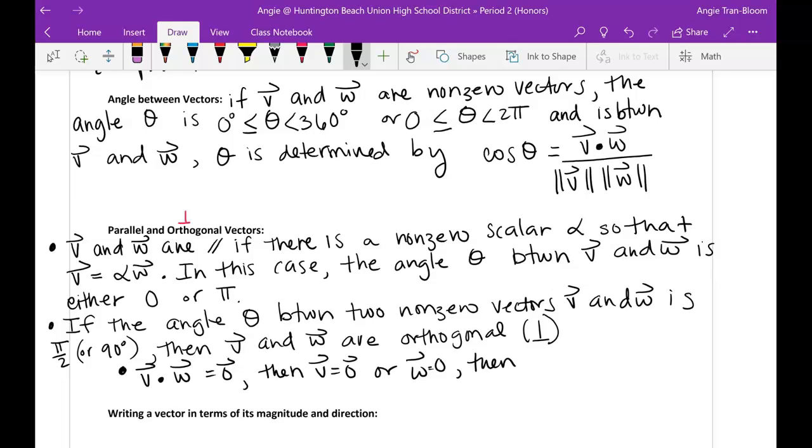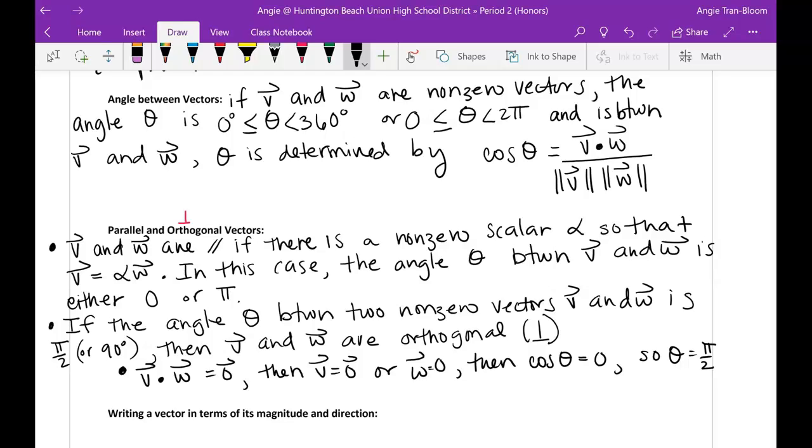Then, if that's the case, cosine of the angle between these two has to be 0. So cosine is 0 at pi over 2, right? Or 3 pi over 2. So if it's at pi over 2, then we can say that these two are perpendicular or orthogonal, okay?